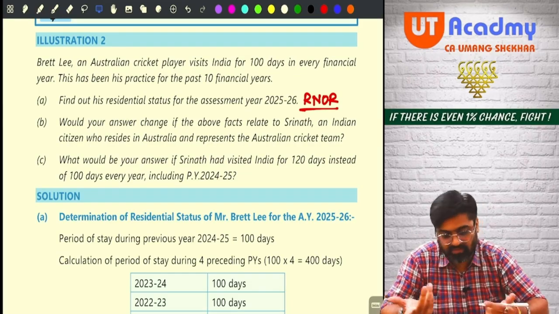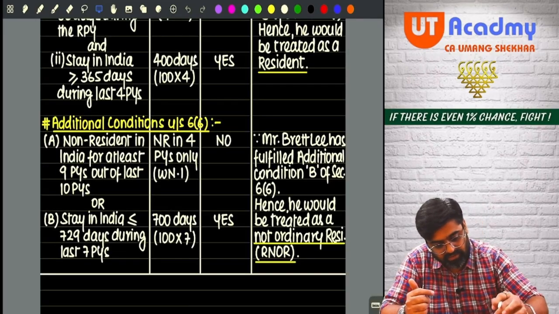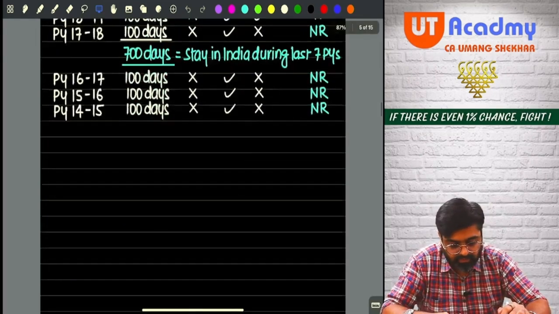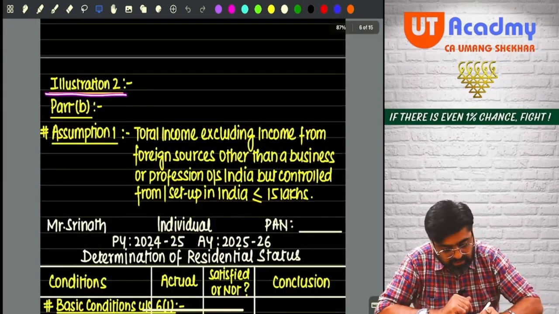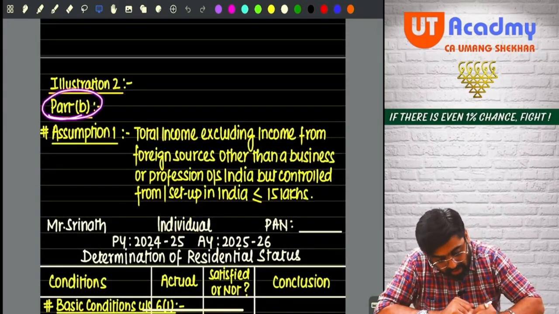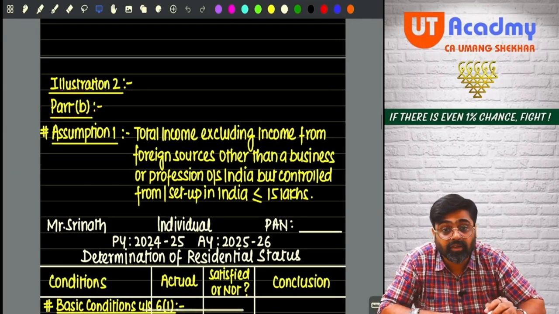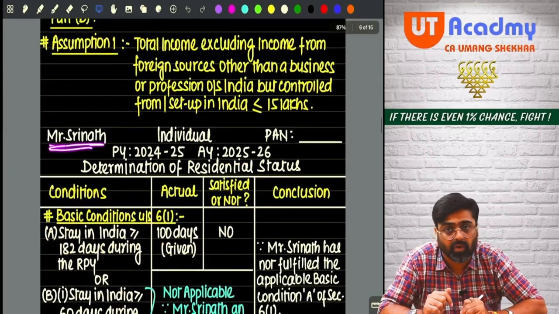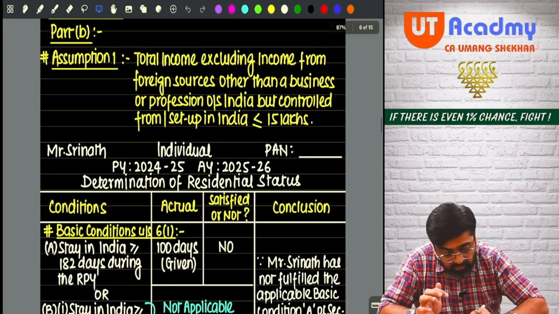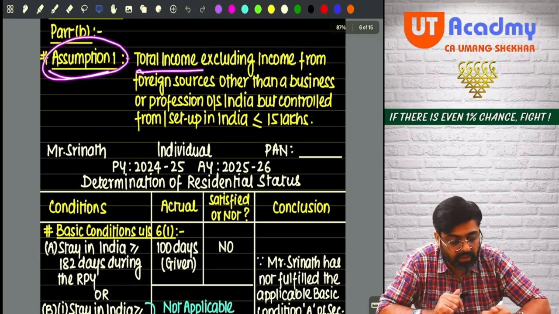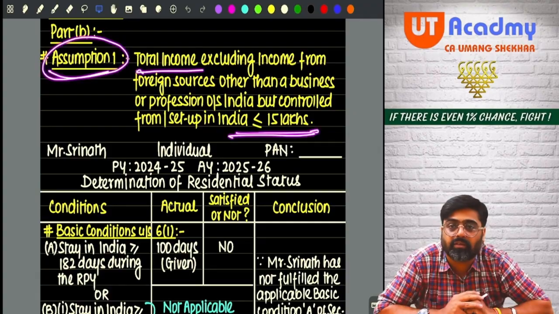How to present? Let's see the presentation. Illustration 2, Part B. Name of the assessee is Srinath. Assumption number 1: total income less than or equal to 15 lakhs.